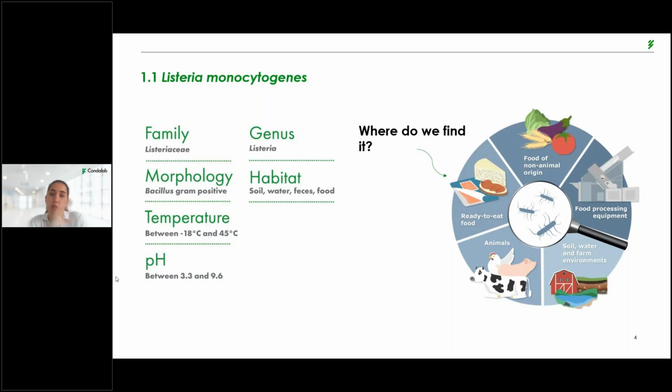And because of all of this, we can find it in a lot of places, such as soil, water, farm environments, and also the animals that live in those environments. Because of the biofilms, we can find it in food processing equipment, because on that kind of surfaces, it can also create the biofilm. And because of that, we can also find it in ready to eat food and fruit and vegetables.